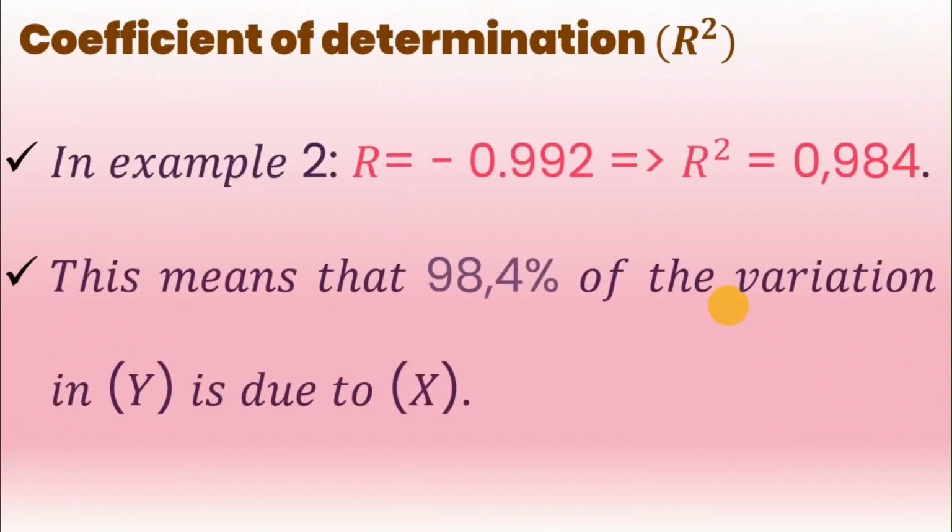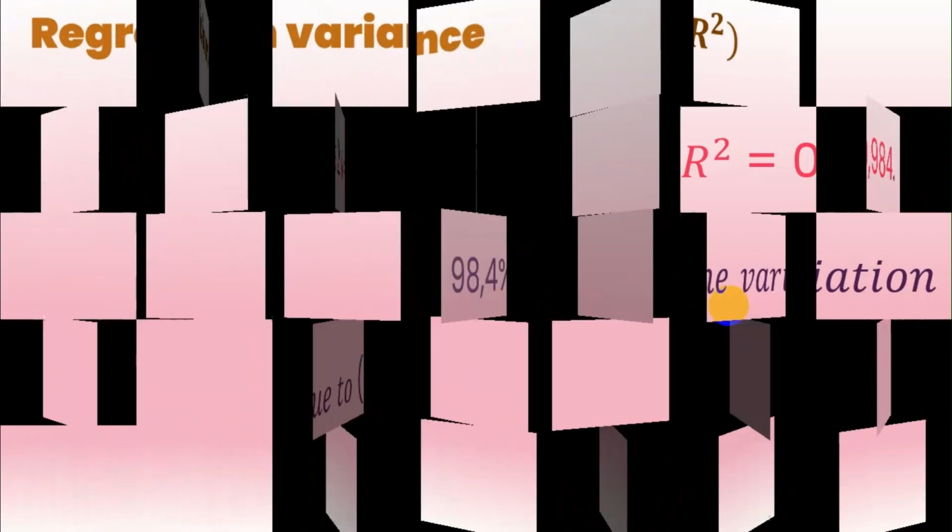In example 2, R equal minus 0.992, and we can see that square of R equal 0.984. That means that 98.4% of the variation in Y is due to X.